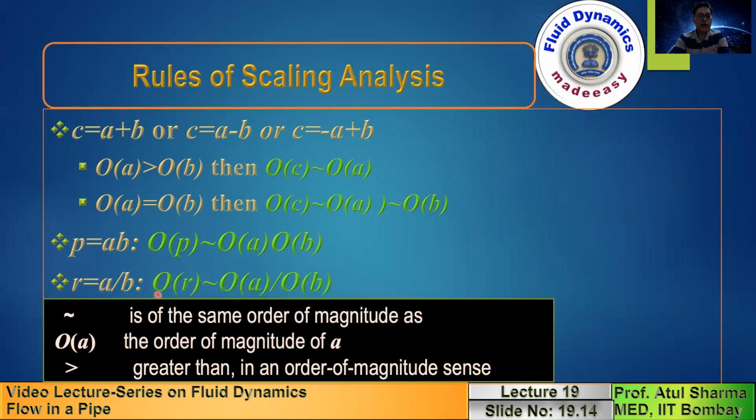Whereas if you take a division, R equals A by B, then the order of R is the order of A divided by the order of B.